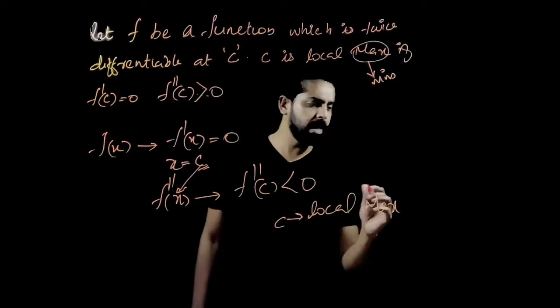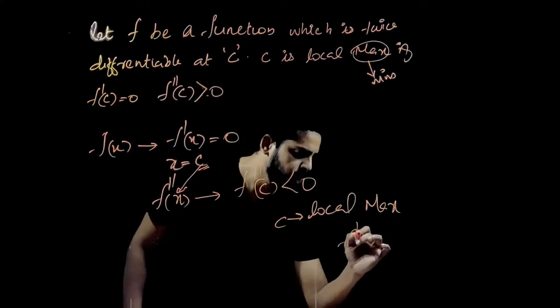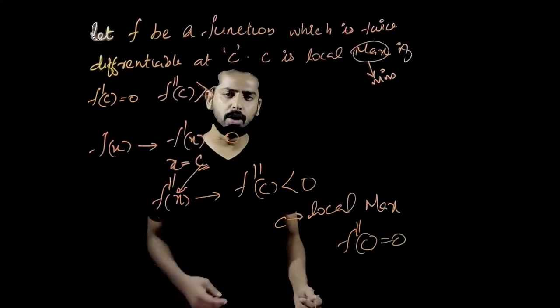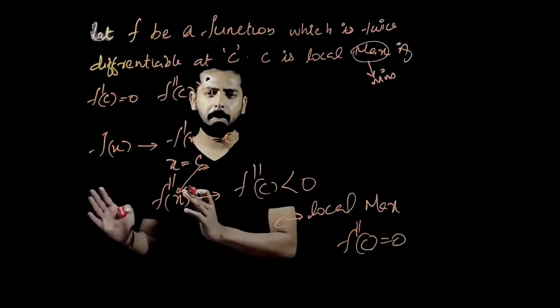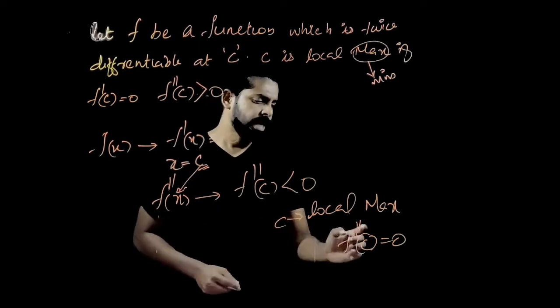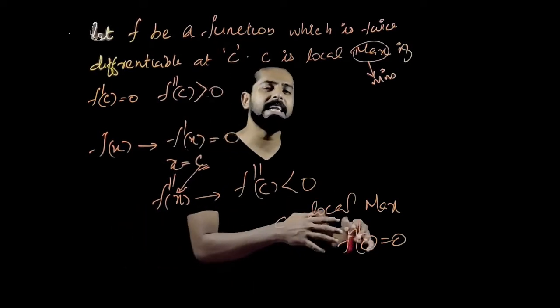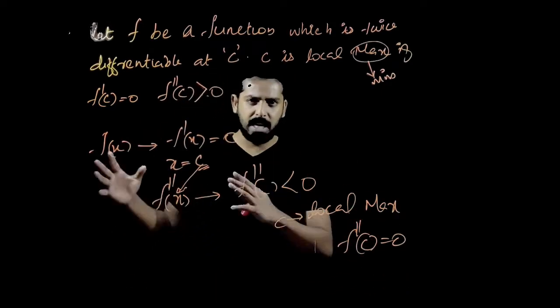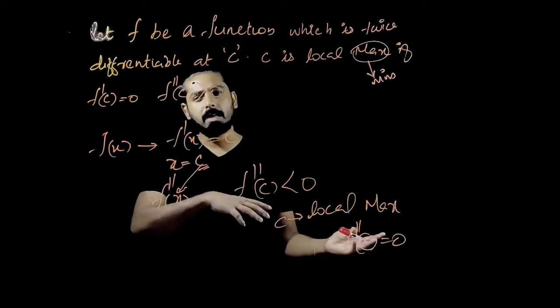And if f double dash of c is equal to 0, meaning the second derivative is neither positive nor negative, then the second derivative test fails. You have to go back to the first derivative test, which we learned in the last class.